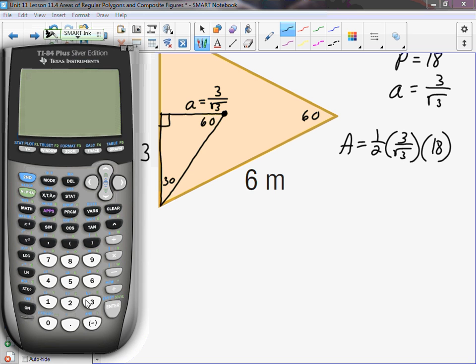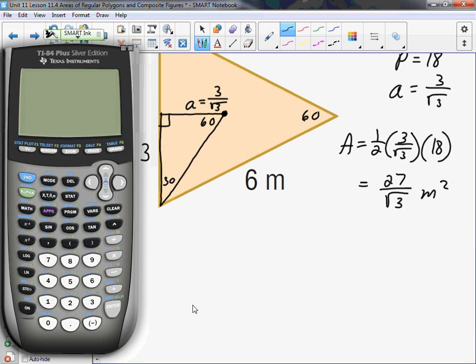Now, like we've done so often, we're going to attempt to get an exact answer before we turn it into a decimal. I know that 1/2 times 18 is 9. And I know that 9 times 3 is 27. So couldn't this all be 27 divided by the square root of 3? Square meters. So there's our exact answer.